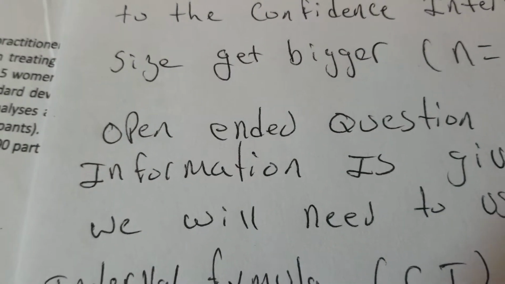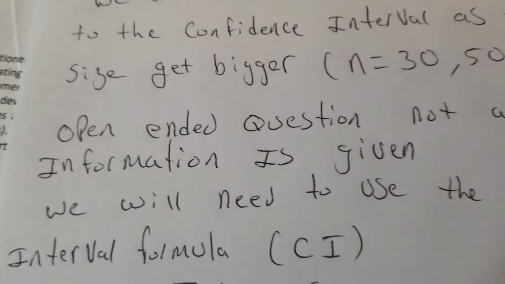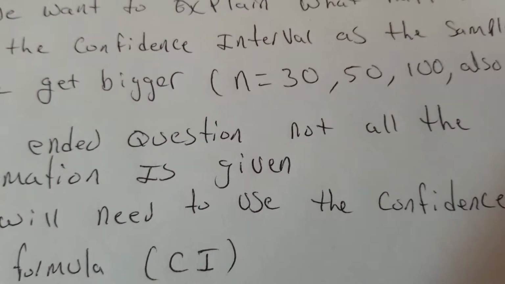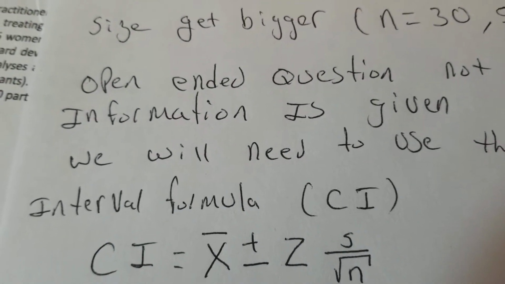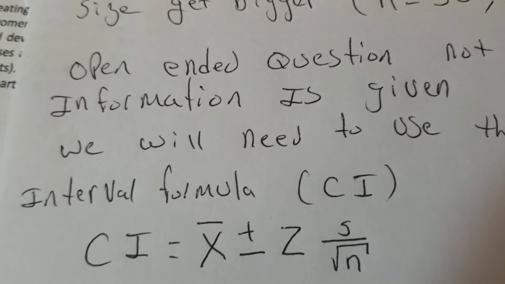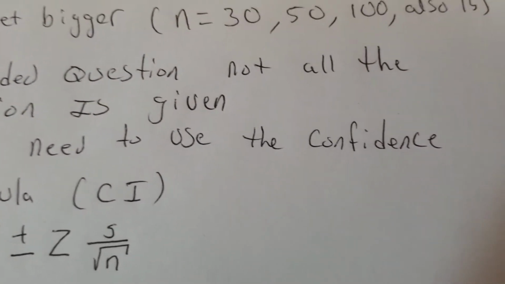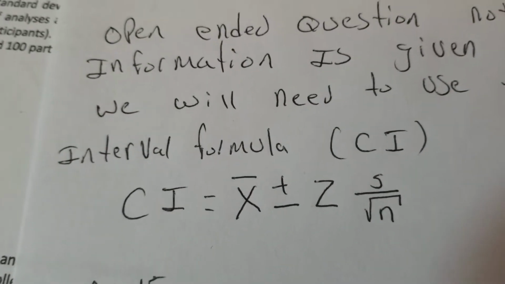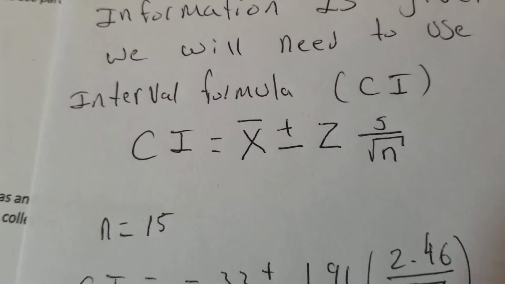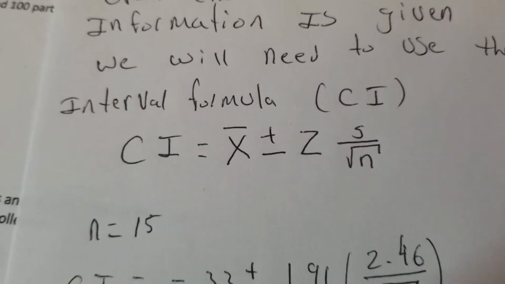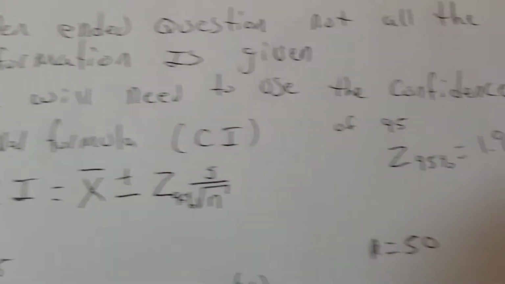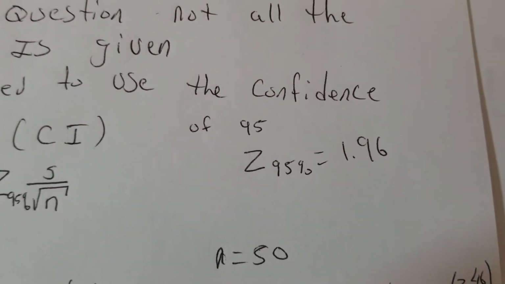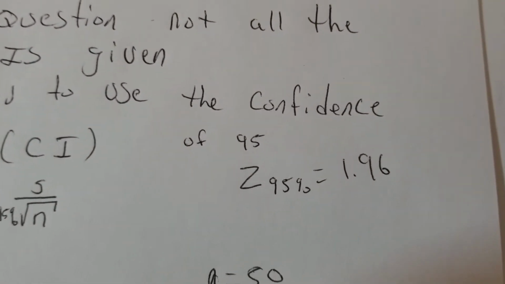Now this is an open-ended question. Not all the information that you need is given, so we're going to have to make some assumptions. We will first use a confidence level of 95%, so we're going to use the z-value for 95.